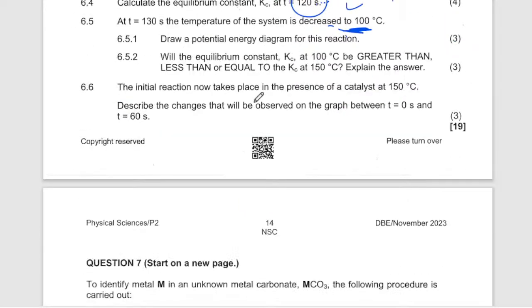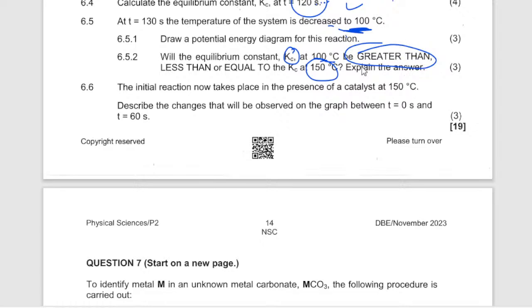What are they saying? Initial yes, okay. Will the equilibrium constant Kc at 100 be greater than, less than, or equal to at this? Explain your answer. Definitely is going to be greater than. Why? Because this reaction is exothermic.